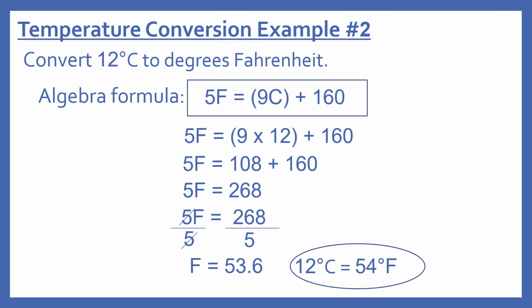So now we have 5F equals 268. We have to get F by itself, so we're going to divide by 5. Remember, what we do to one side, we do to the other. So 5F divided by 5 will leave us with F, and then 268 divided by 5 will give us 53.6. So the Fahrenheit degrees is 53.6, round that to 54 degrees. So 12 degrees Celsius equals 54 degrees Fahrenheit.